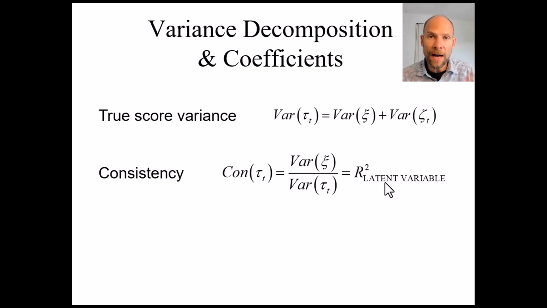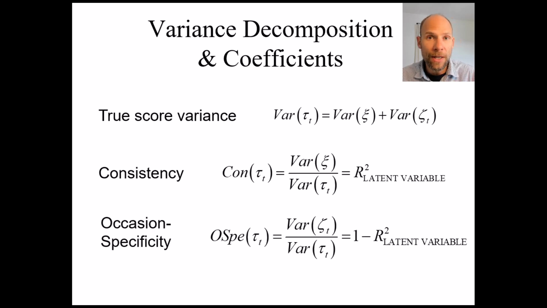So let's say, for example, you find that consistency is 0.7, then this would mean that 70% of the variance in the first order factors is trait variance and only 30% of the variance in the first order factors is situation specific variance. So that would then indicate that the construct is more trait-like than state-like.